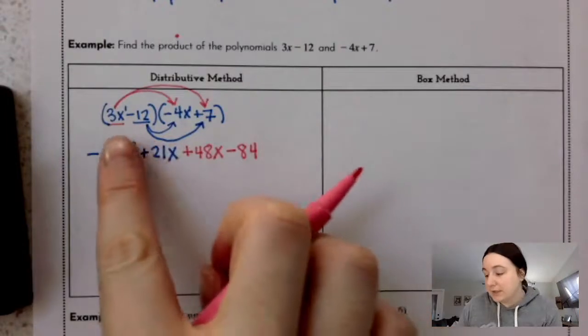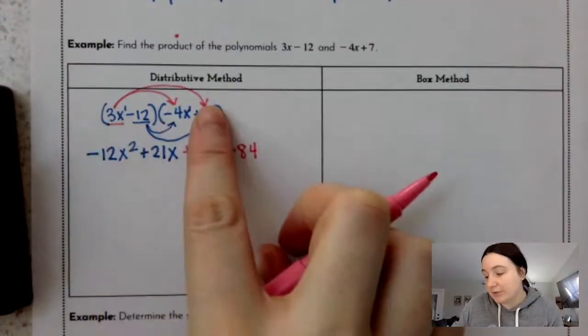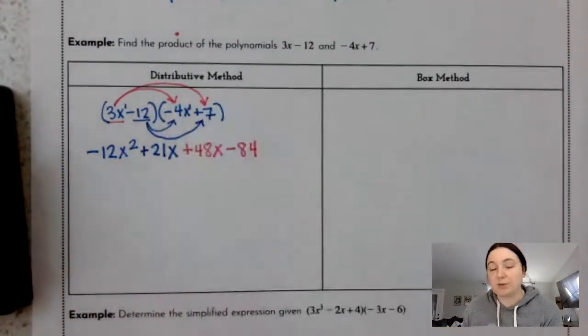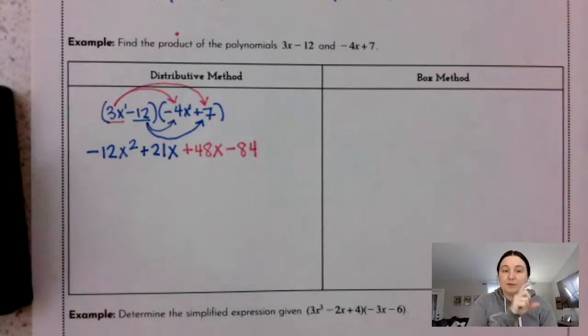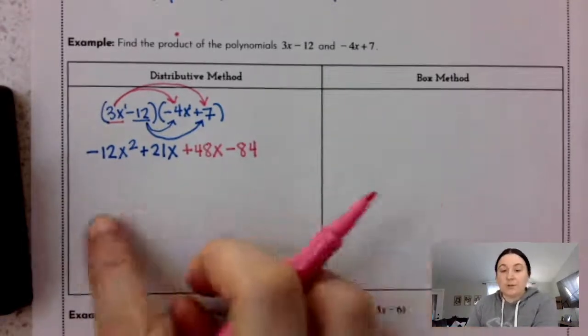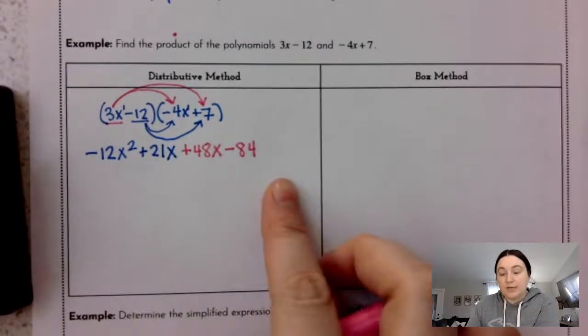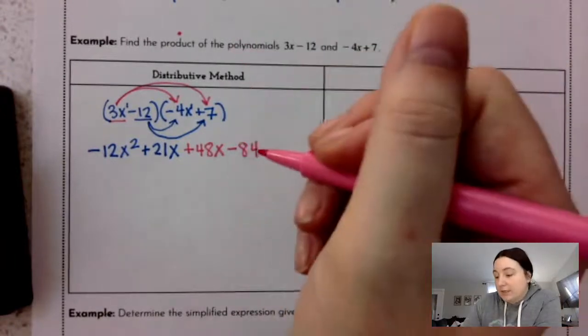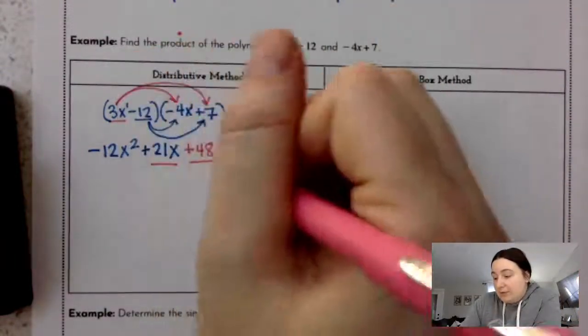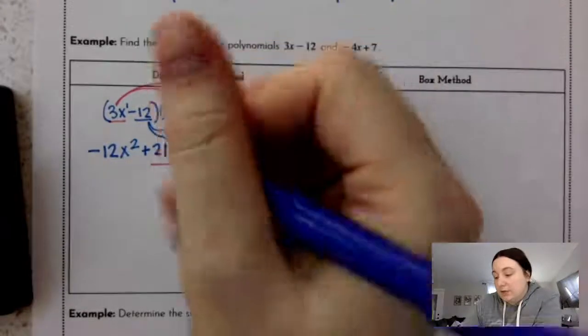And so now you can see the 3x has been distributed to both, and the negative 12 has been distributed to both. So you want to make sure that every part in the beginning is distributed to every part in the second one. And now you just want to clean up your answer. So combine any like terms, reorder it in standard form if you need to. Most of the time your like terms are going to be in the middle. So you can see I have those two like terms.